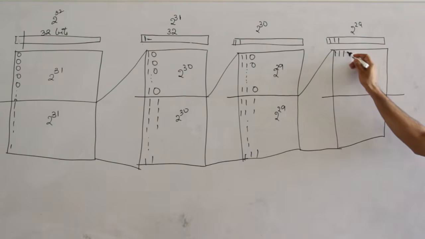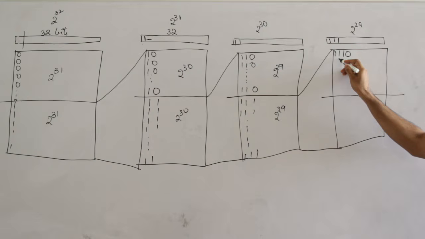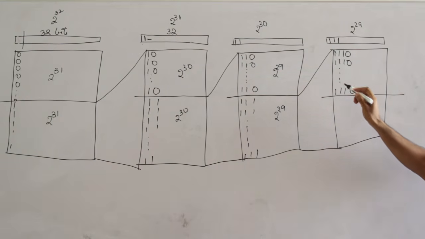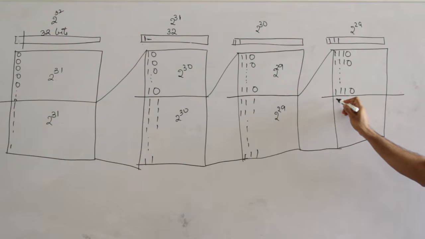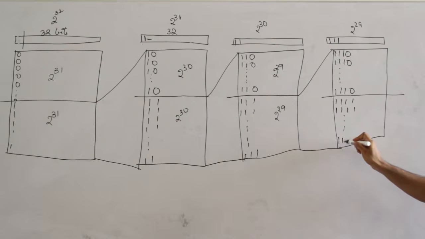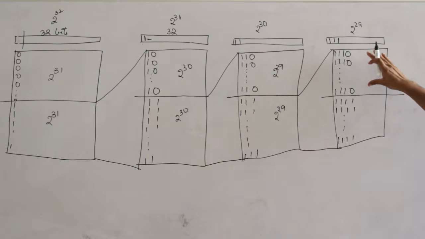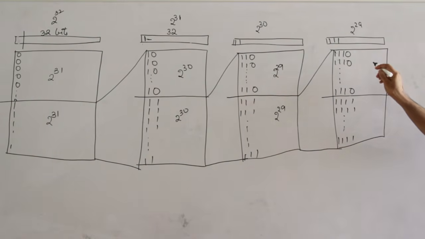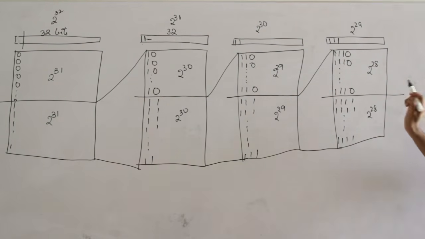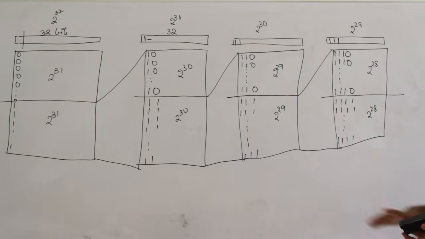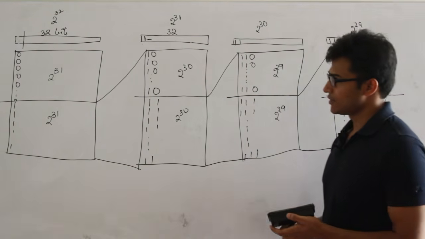The fourth bit could be 0, which means in the first part all the numbers will contain 1110, right? And in this part all the numbers will contain 1111 and so on, right? Therefore what is the size of this part? The size of this part is 2 power 28, and the size of the other part is also 2 power 28, right? So this is how they classified the entire IP addresses.